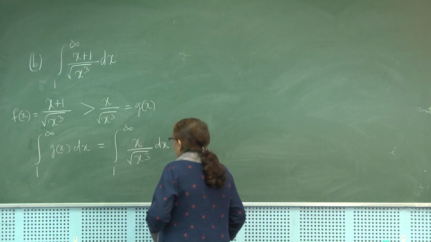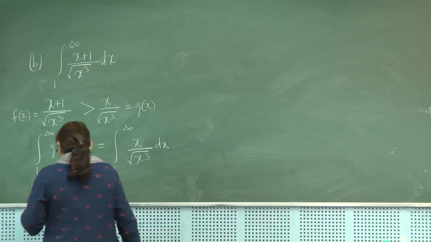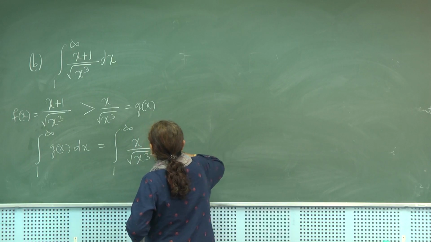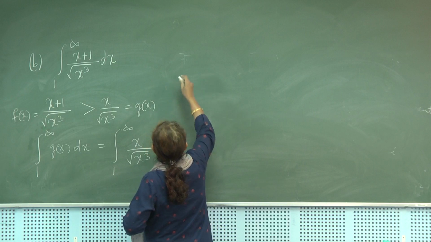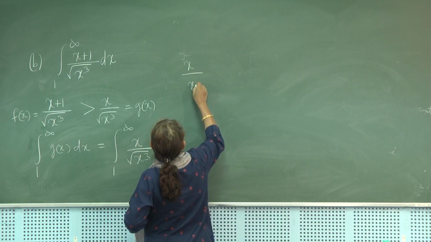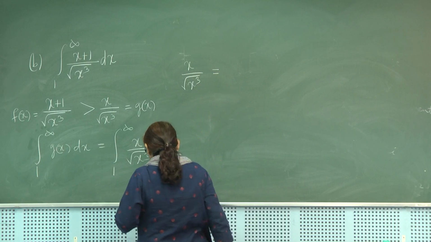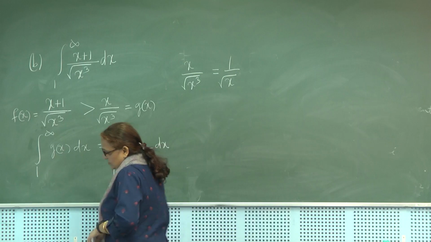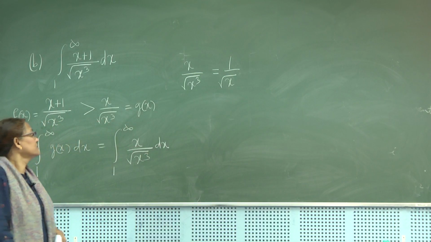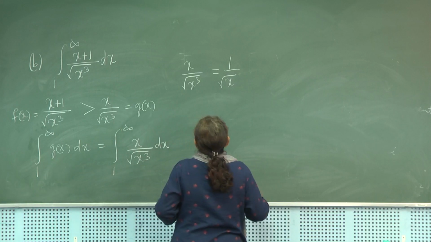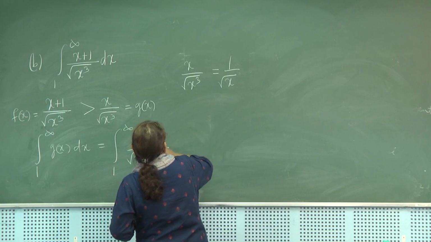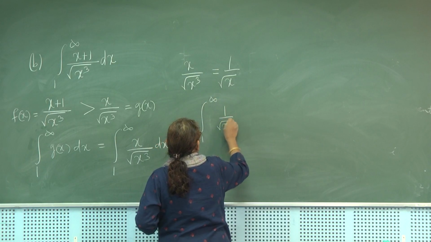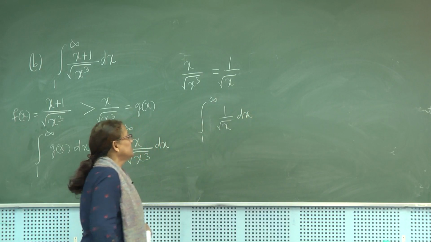You can verify that this g x is actually equal to x divided by square root of x cube, which is equal to 1 upon square root of x. So, we just have to consider the integral 1 to infinity of 1 upon square root of x dx.